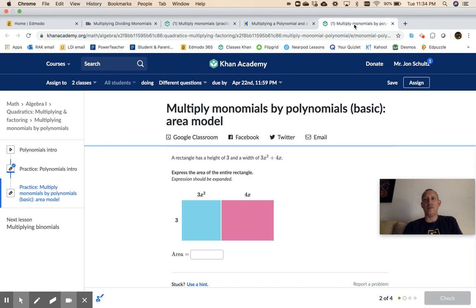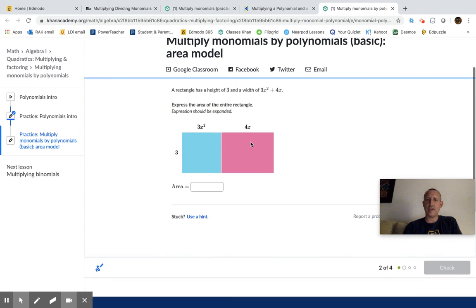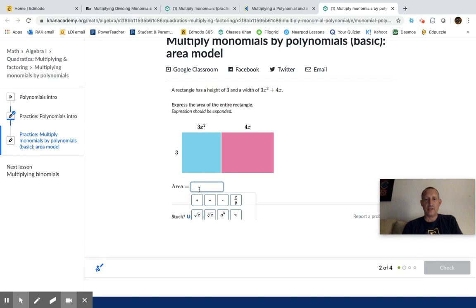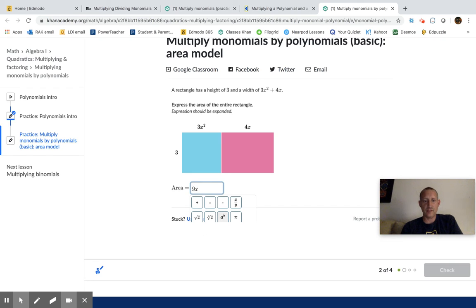Oh, let me show you the Khan Academy. It looks kind of weird. They're trying to give you a visual that you're multiplying this square and you're multiplying that square. All they want you to do is multiply this monomial, this time it's just a number, times this polynomial. So that'd be 3 times 3x squared, which is going to be 9x, and then I hit this button, squared.